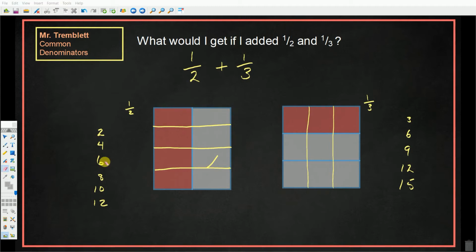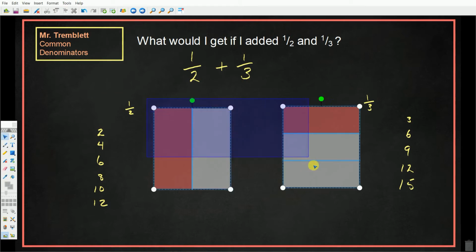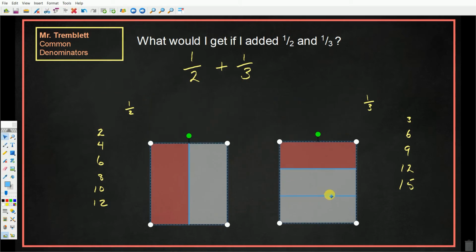So what we're looking for is to get 2 equivalent fractions where the denominators are the same. When the denominators are the same, it means the pieces are all the same size. So you can look at the 2 times table on the left and the 3 times table on the right and say, well, these are our options. Which number is actually showing up in both?